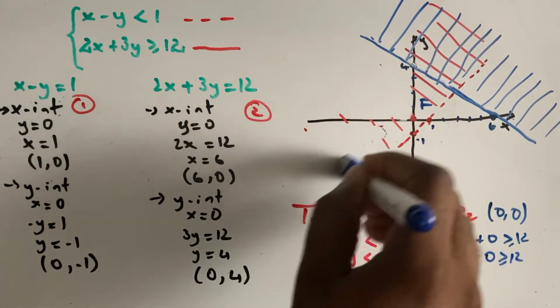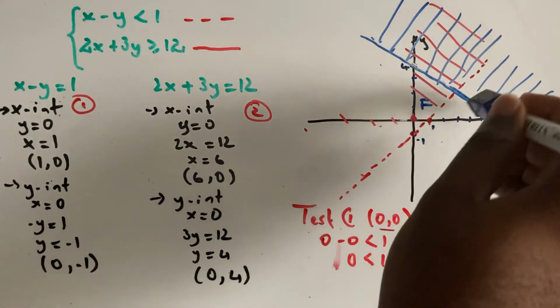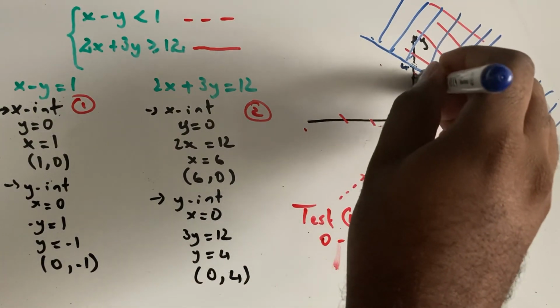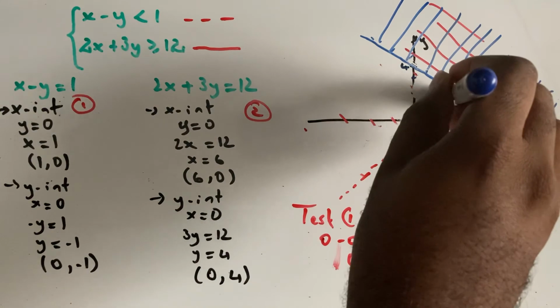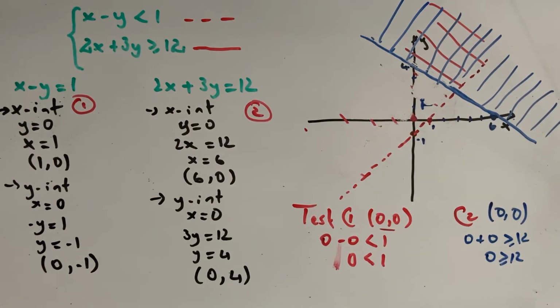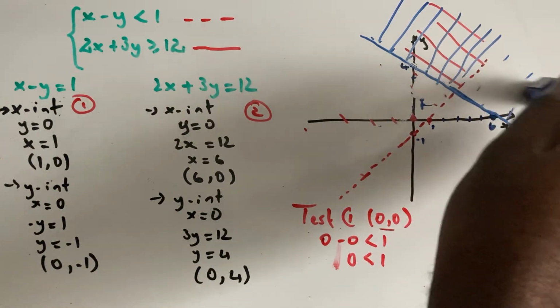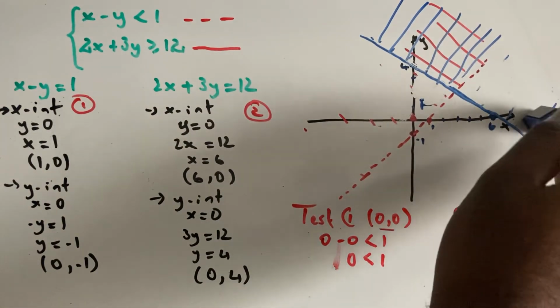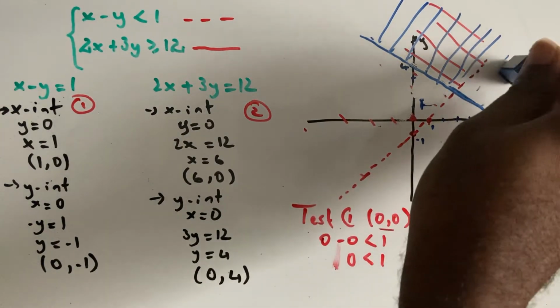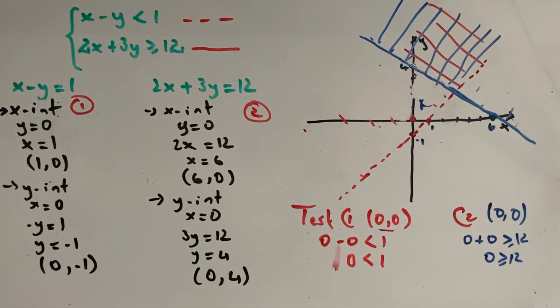This is how you get solutions for how you graph a system of linear inequalities. So you erase, and the shaded region up there is the only region where the solution is.